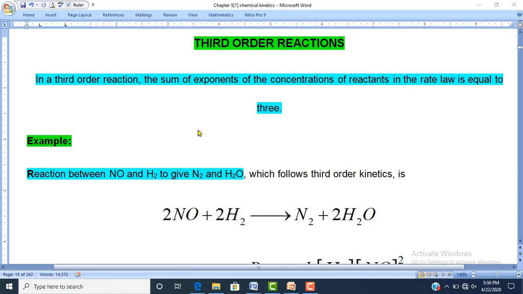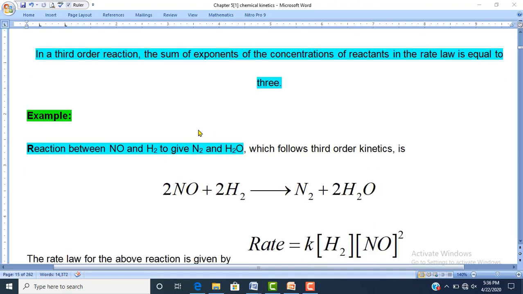That reaction will be called third order reaction. There are so many examples, but the most important example of third order reaction is the reaction between nitric oxide and hydrogen to produce nitrogen and water.